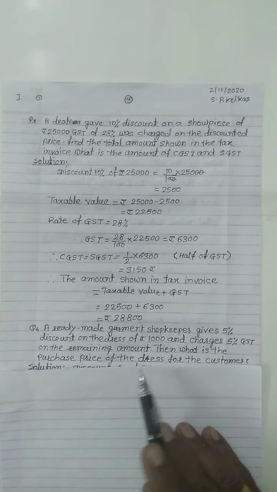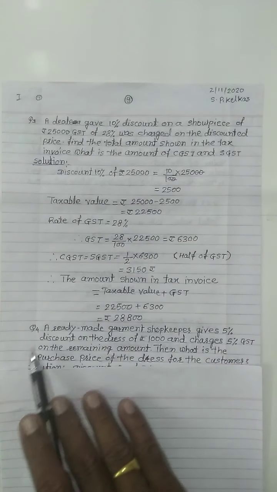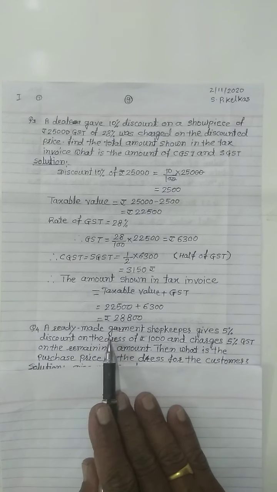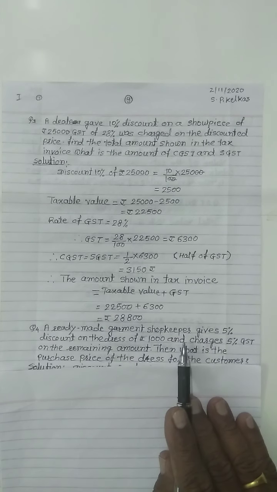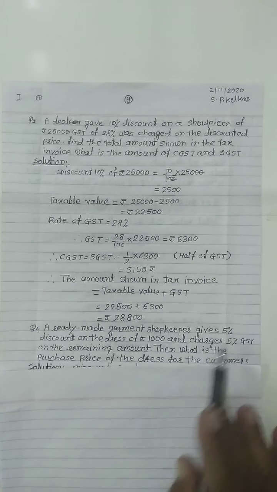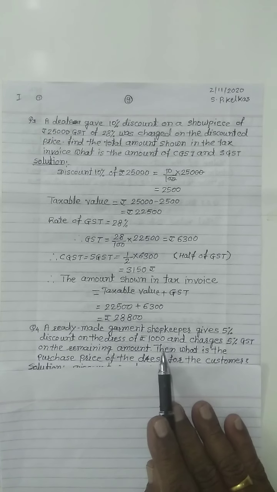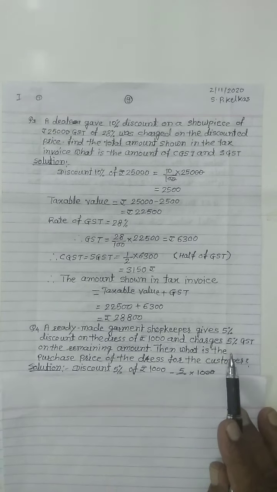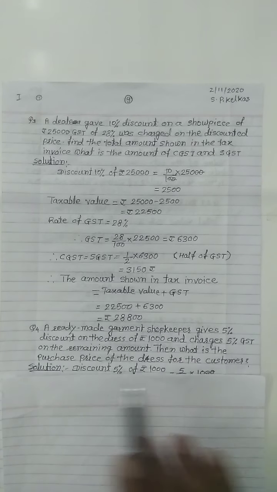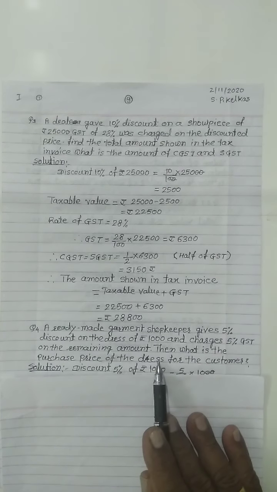See the another example number 4. Ready-made garment shopkeeper gives 5% discount on the dresses of rupees 1,000 and charges 5% GST on the remaining amount.